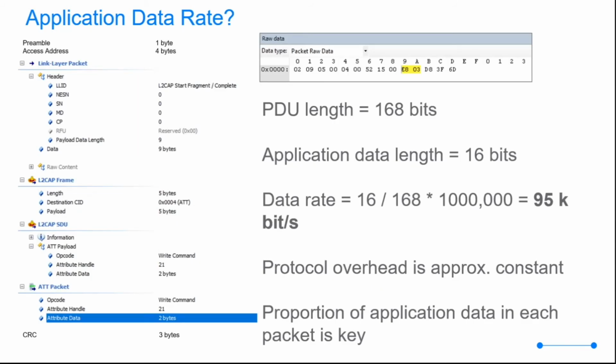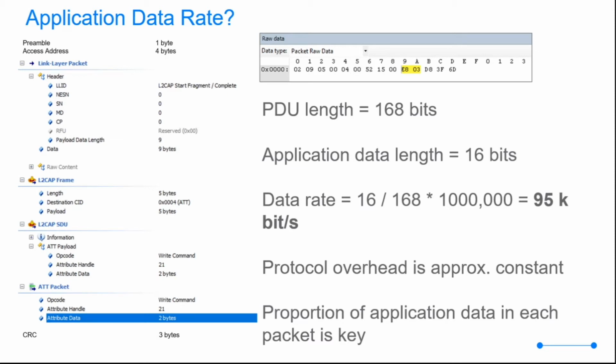So what do we really mean by application data rate? Well, on screen you can see a packet and its contents, and in this example only 2 bytes highlighted in yellow here are my application data. The remainder is made up of fields relating to the Bluetooth protocols that are in use. So the proportion of application data in this packet is quite small, and if we calculate the application data rate using the 1 megabit per second bit rate used by the radio, we find that we're only getting 95k bits per second for our application data in this example.